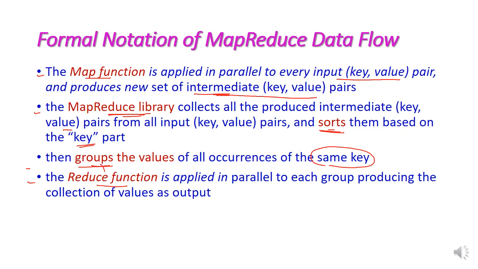Based on the key, it will group the values, and they will be given to the reduce function, which is applied in parallel to each group and produces the output value. These are the formal notations of the MapReduce data flow.